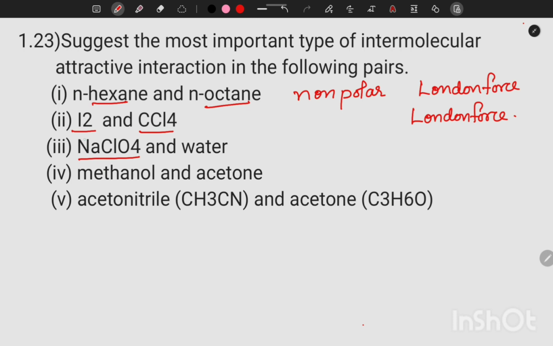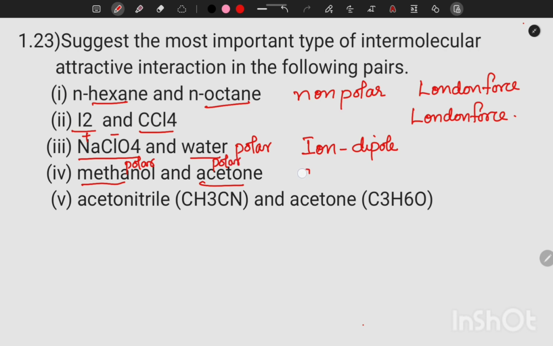Sodium perchlorate is an ionic solid, Na plus and ClO4 minus. So this is an ionic solid and water is a polar solvent. So the interaction between these two is ion-dipole interaction. Methanol and acetone: methanol is a polar molecule and acetone is also a polar molecule.